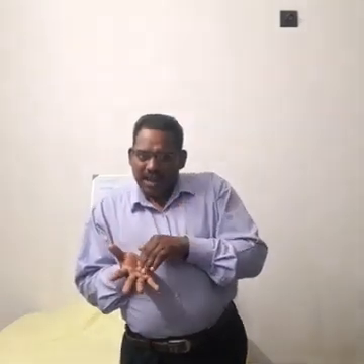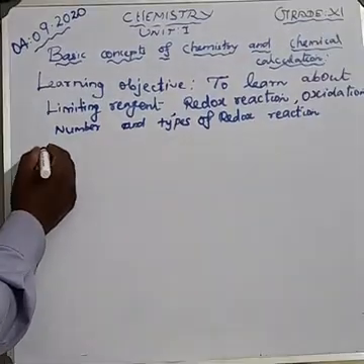As per our concept, addition of oxygen or removal of hydrogen is called oxidation, and the reverse, addition of hydrogen or removal of oxygen, is called reduction. Let us explain as per the equation how the reaction goes on. Oxidation.